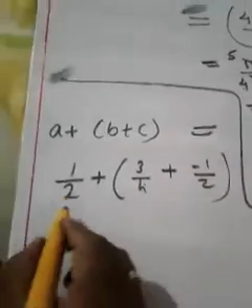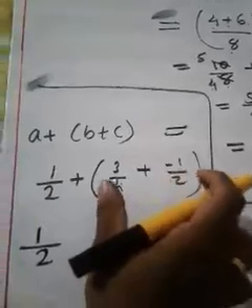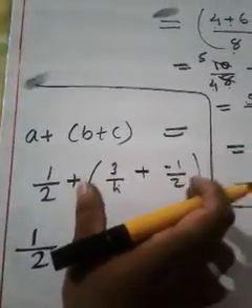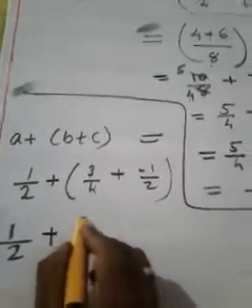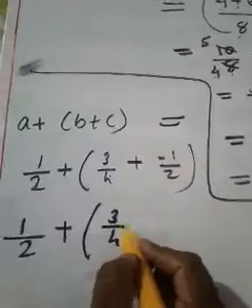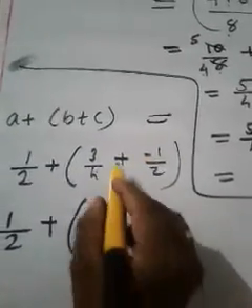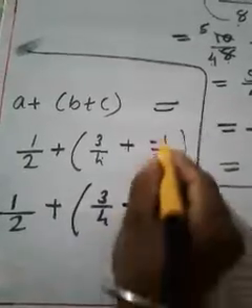So here also, let me write the first term as it is, because I have to give preference to the things inside the bracket. I have to solve the things inside the bracket first. Then plus as it is. Now just see, it is 3 by 4 now. When you consider plus minus together, the resultant sign will be minus, then 1 by 2.